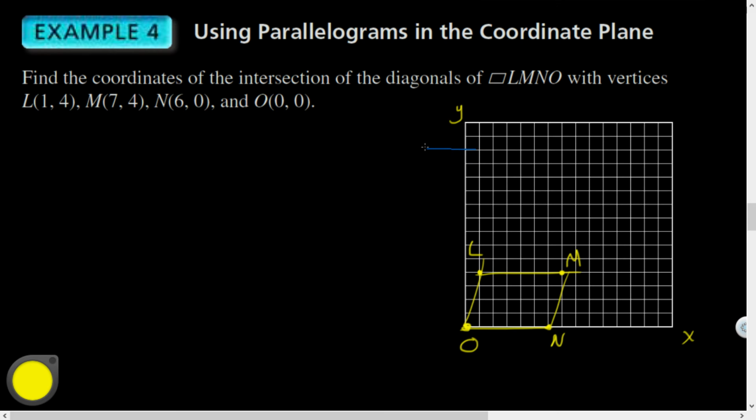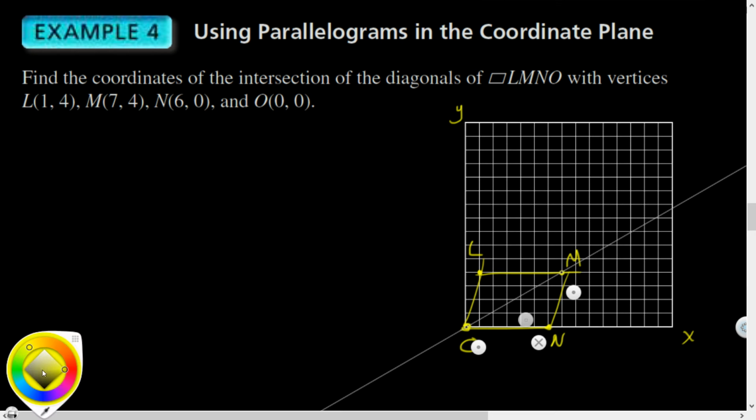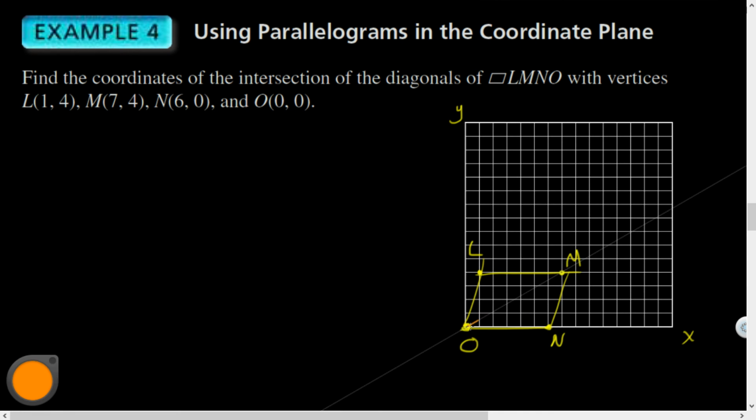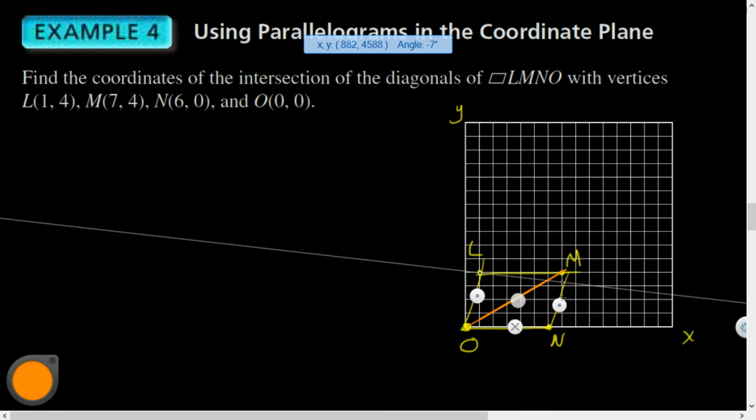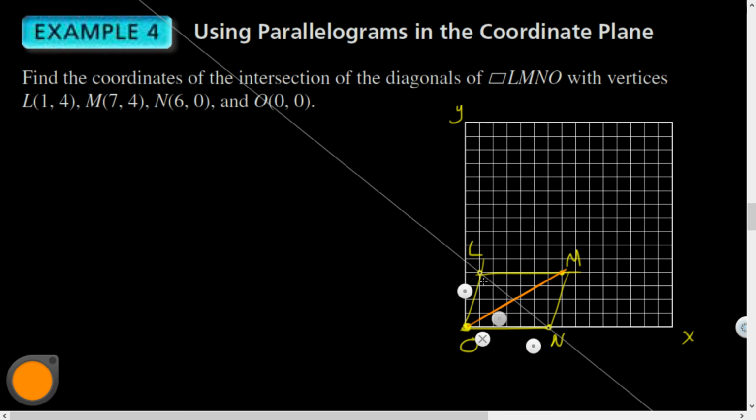Let's see. I'll try to draw real diagonals here. And so if I'm looking for the intersection of these diagonals, what way do you think I could do that? That's what they're asking, right? The intersection of the diagonals. We might only just be able to make a plan for this.